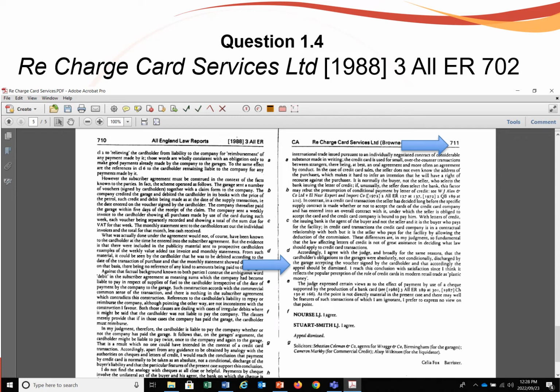That's why we said it's 711 and then paragraph D. But for this question, I allowed a lot of leniency. So most of you would have in any case gotten a mark here if you gave me a page number, because this was a very difficult case to read. So we were extremely lenient in awarding this half mark here.